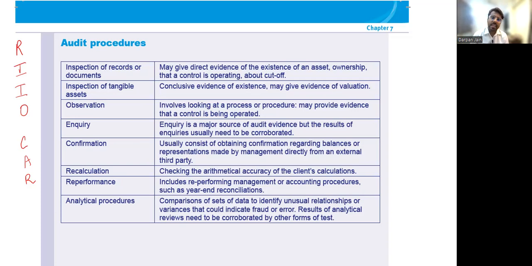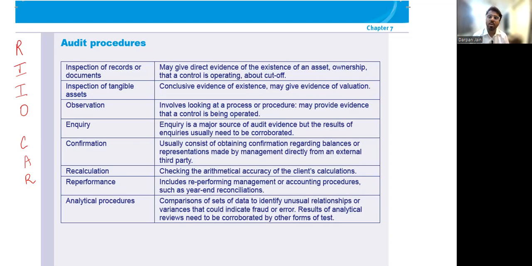For example, let's say the company is showing in their balance sheet the bank account balance, and that amount, which is being shown as at 31st December 2022, let's say is a total figure of 4 different bank accounts, right?